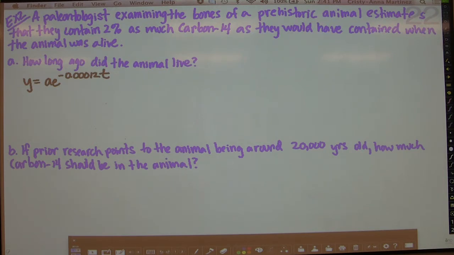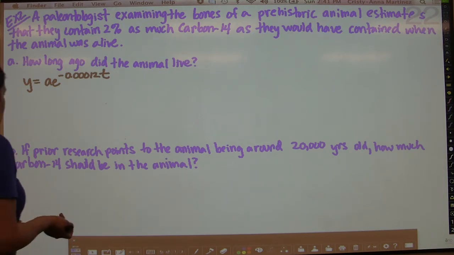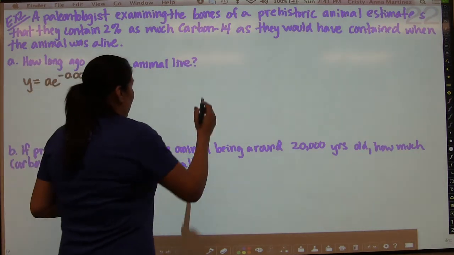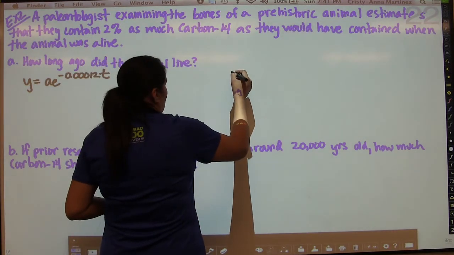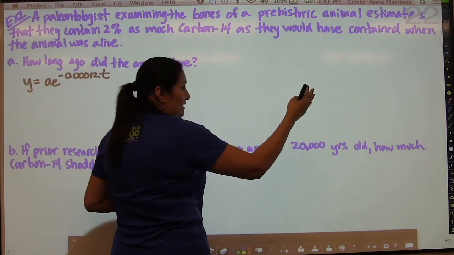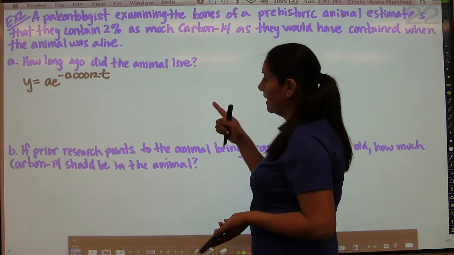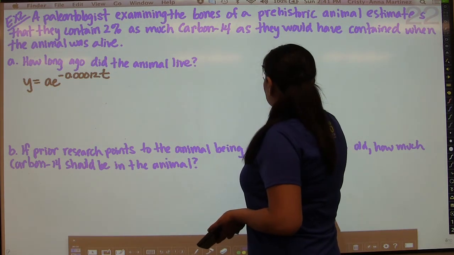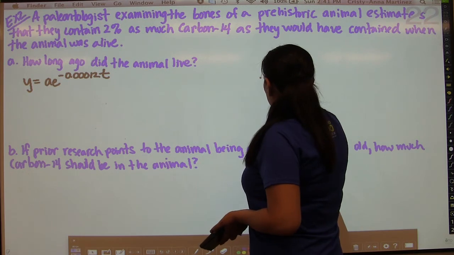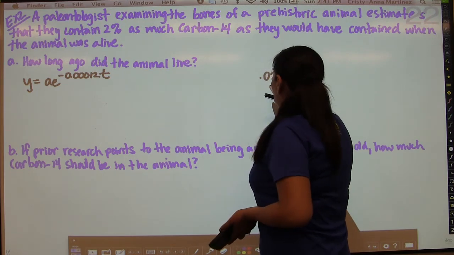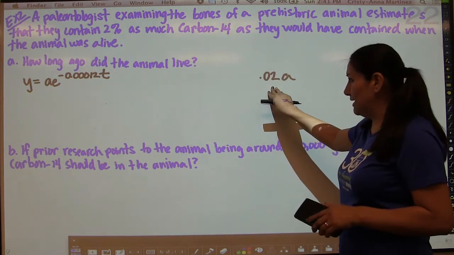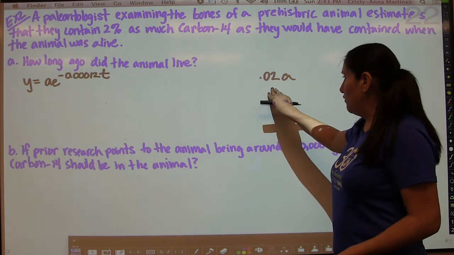So what is 2% as a decimal? 0.02. So unlike before, where A is obviously the original amount, and a half A is 50% of carbon-14 that remains, in this case it's 2%. So we're going to get 2% is 0.02A. So this 0.02A represents 2% of the original amount.